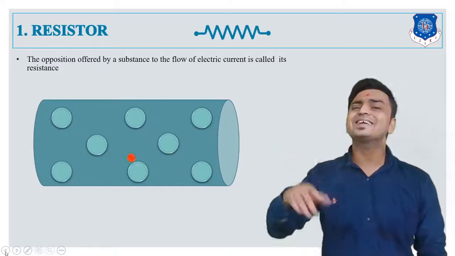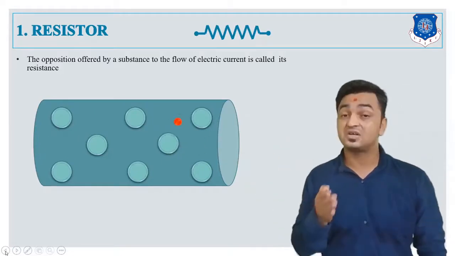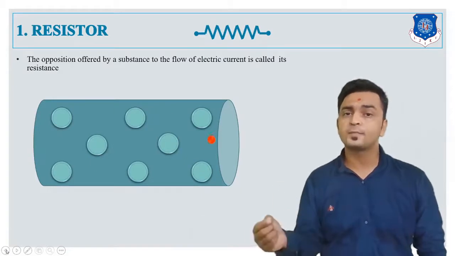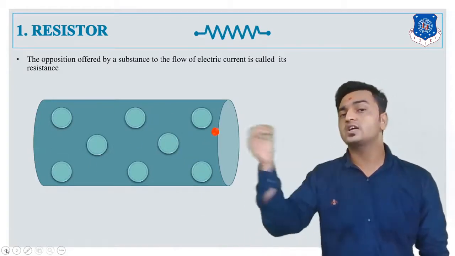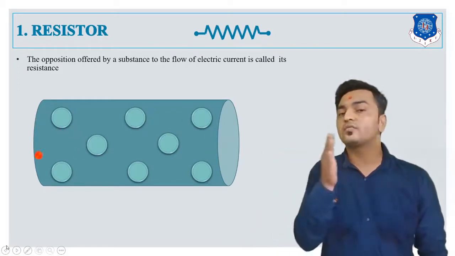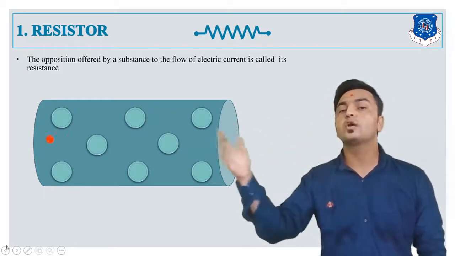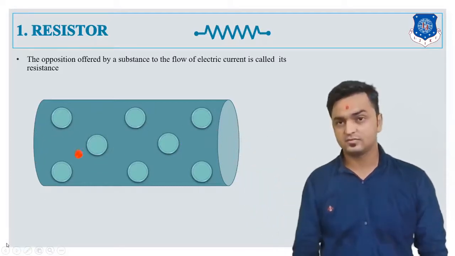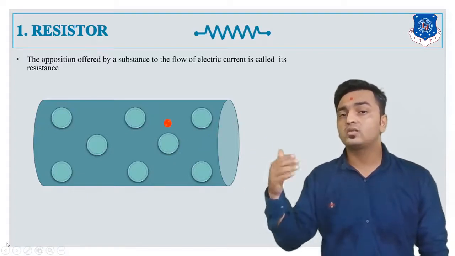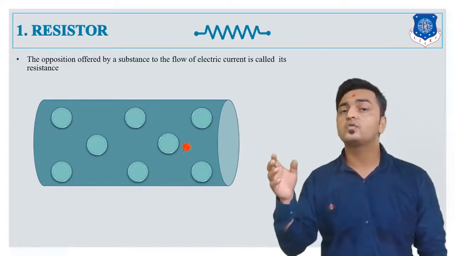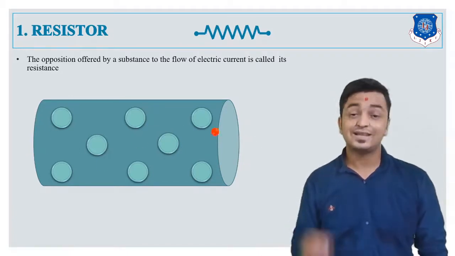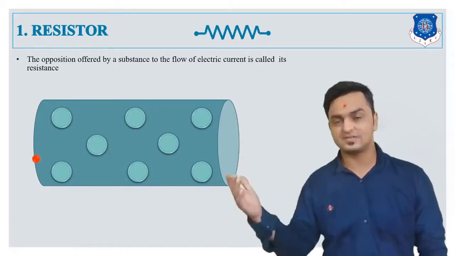Again it will start its journey, but again it will collide with another atom and stop for a moment. So because of this collision with atoms, the electron is not moving freely through the body of that conductor. Basically, you can say that these collisions with atoms oppose the smooth flow of the electron, and that is nothing but resistance.